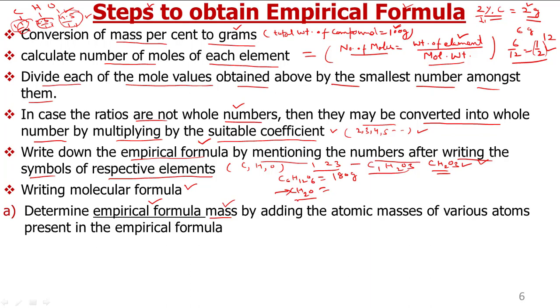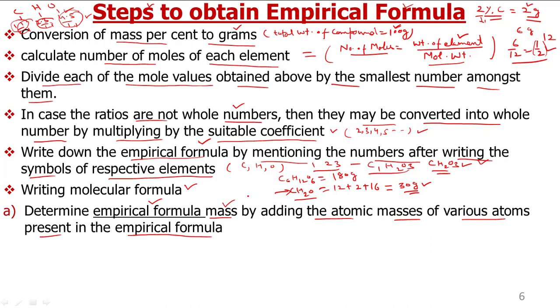So the empirical formula of glucose is CH2O, and its empirical formula mass will be 12 plus 2 plus 16. 12 plus 2 is 14, 14 plus 16 is 30 gram. So its empirical formula mass is 30 gram. We can determine the empirical formula mass by adding the atomic masses of the various atoms present in the empirical formula.